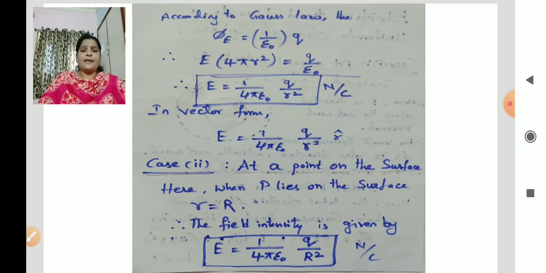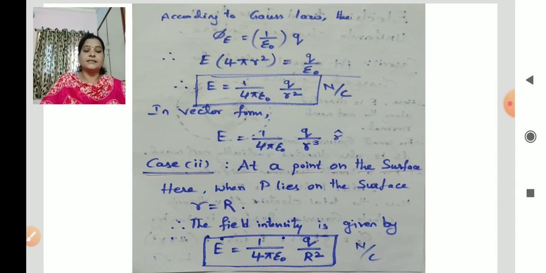Now we apply Gauss law. According to Gauss law, the electric flux is 1 by epsilon naught times the charge. Therefore, for the point outside the sphere, where we have to find the electric field, the flux is found to be E into 4 pi r square.